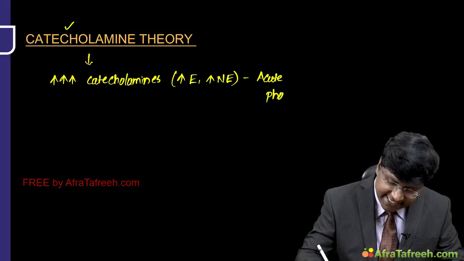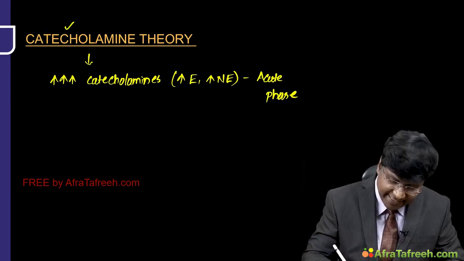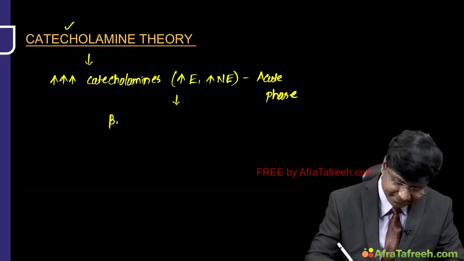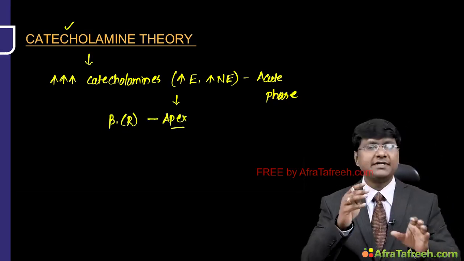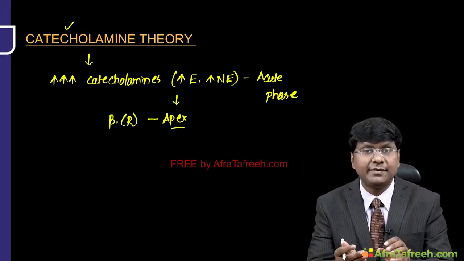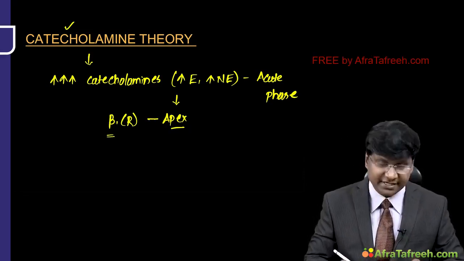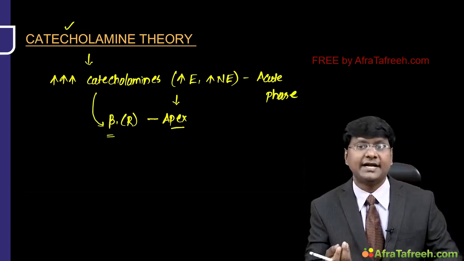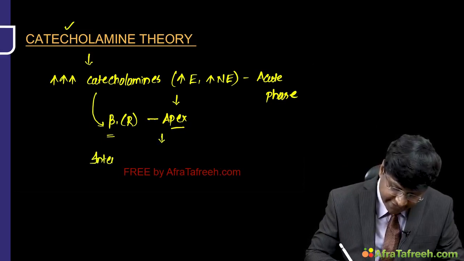Now, these catecholamines which are released in excess quantity will act on the beta 1 receptors which are present at the apex. Beta 1 receptors are distributed throughout the heart, but a larger number of beta 1 receptors are distributed mainly at the apex of the heart. So the beta 1 receptors are excessively stimulated by the excessively released catecholamines. That will cause intense contraction of the apex.